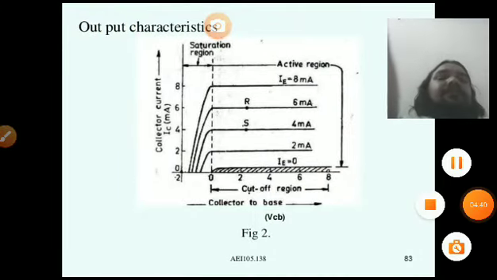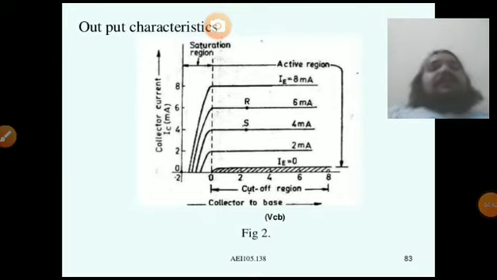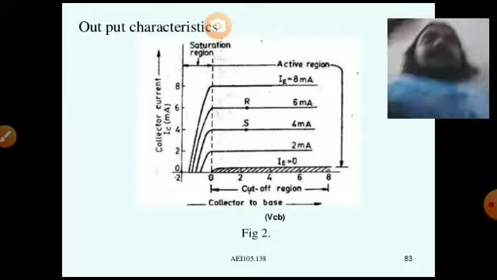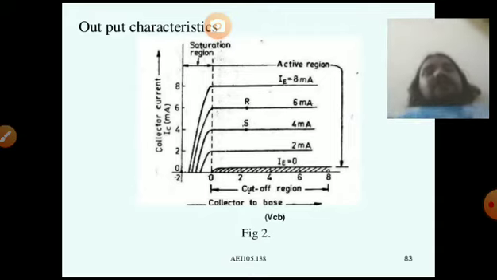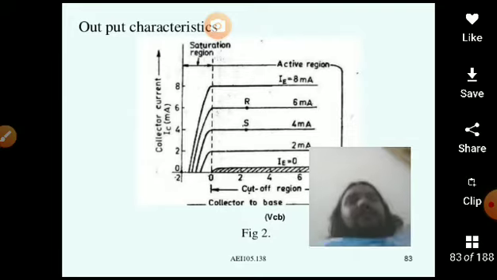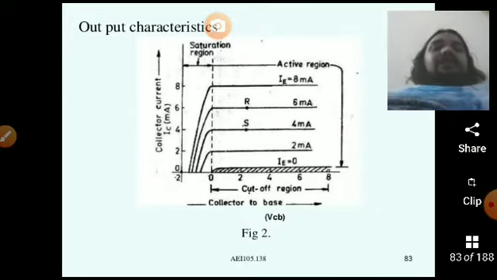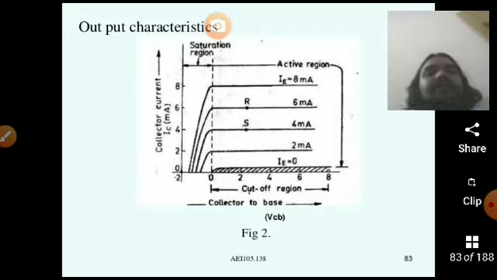This is the output characteristics of the transistor in common base configuration, where voltage VCB is taken on the x-axis and collector current IC is taken on the y-axis.